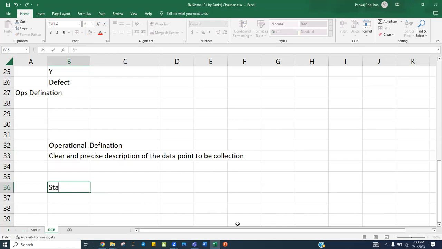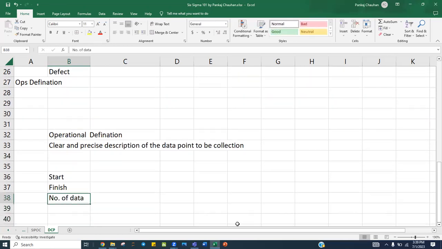So start and finish both have to be mentioned. You will mention the count or number of data points to be collected. So you have the start date, start time, finish date, finish time, number of data points you are going to collect, and the type of the data.